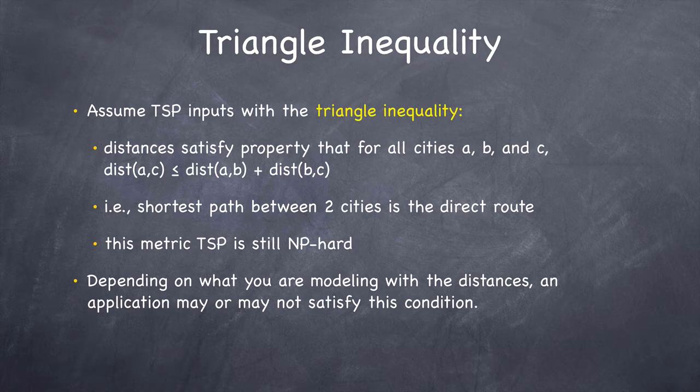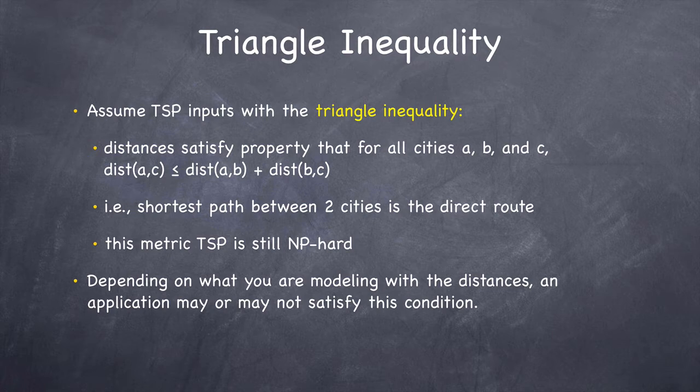So if we have a traveling salesman problem that satisfies this triangle inequality, meaning that we have cities with distances as given on the map, well then this metric traveling salesman problem is still NP-hard.